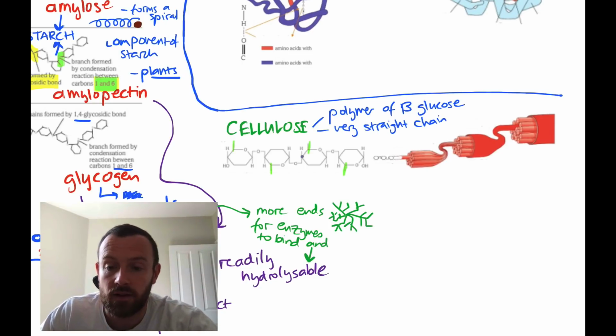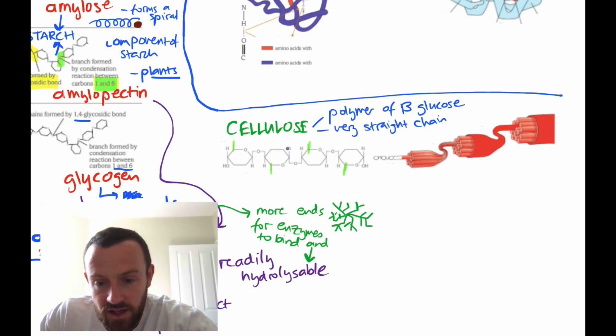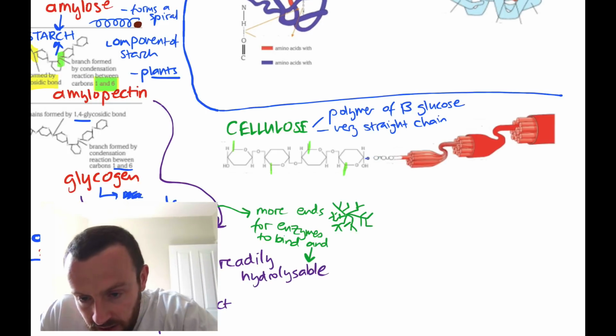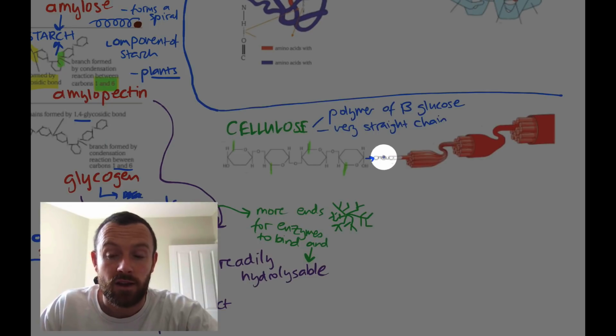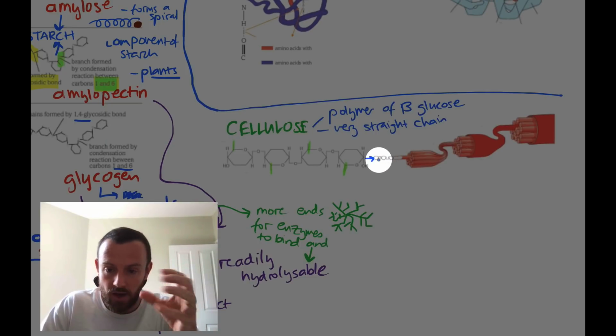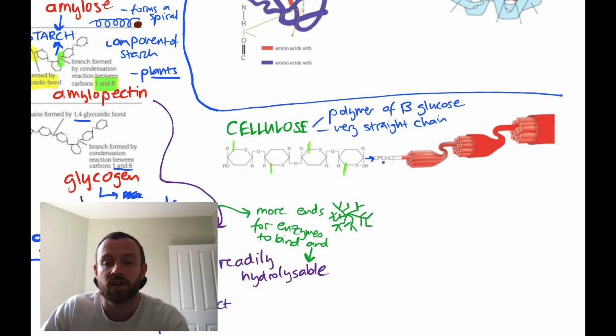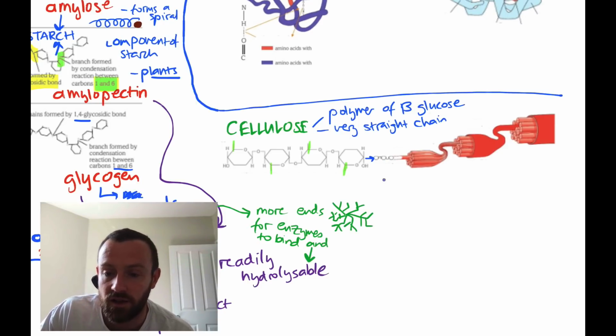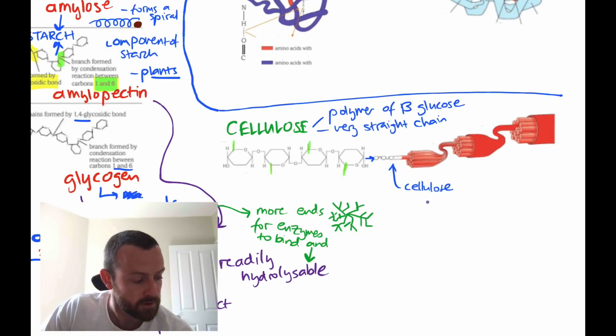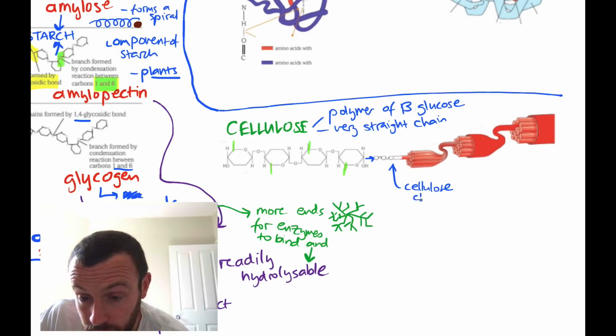Now, because of that very straight chain, let's zoom out from it, and this shows you, you can see those hexagons there if you look really closely. That is the molecule viewed from a distance. Now, that there is one cellulose chain, actually.